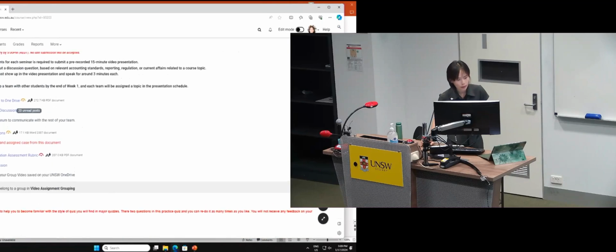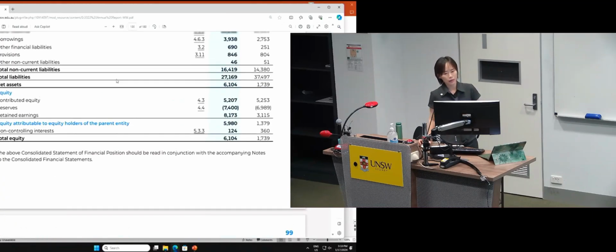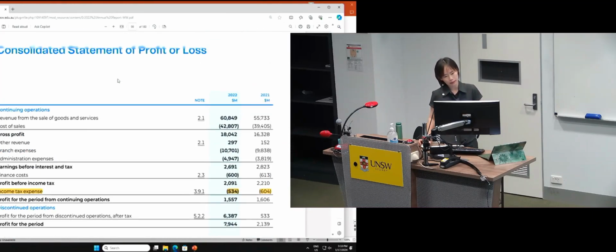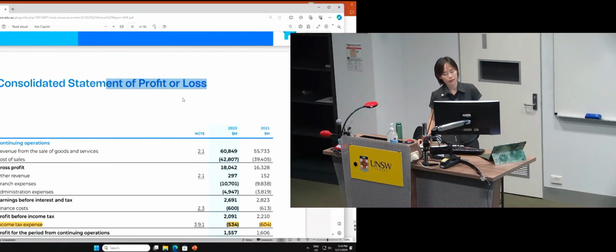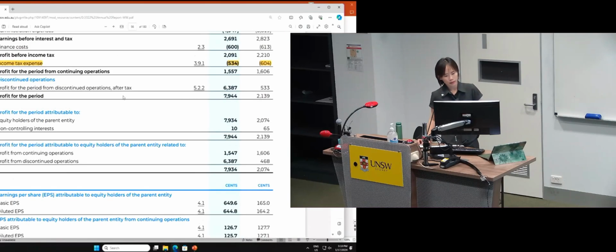If you open the annual report, I will just show you the annual report here, the Woolworths annual report. If you look at the annual report, the consolidated statement of P&L, right? Now this line, profit for the period, that is the group profit for the year. The group profit for the year is required to be divided into two parts.